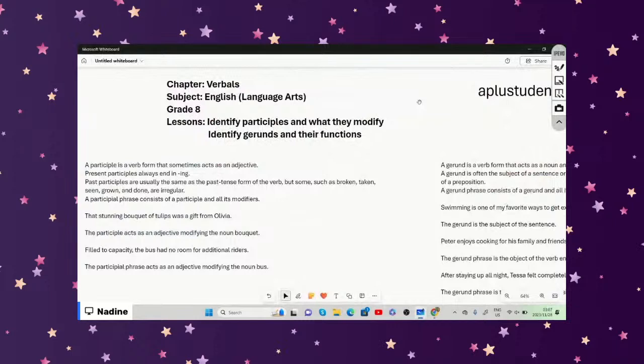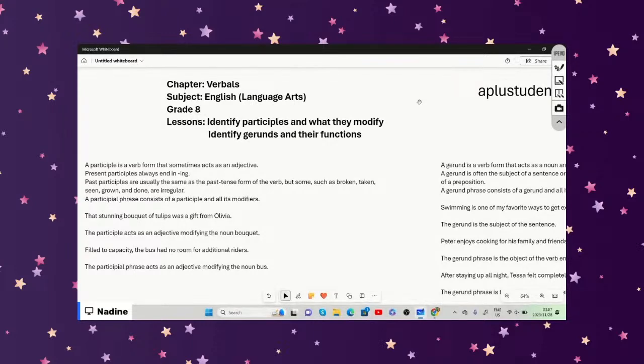All right, so our chapter is verbals. The subject is English language arts, grade 8. And the lessons that we're going to be focusing on under the chapter of verbals are to identify participles and what they modify, as well as to identify gerunds and their functions.